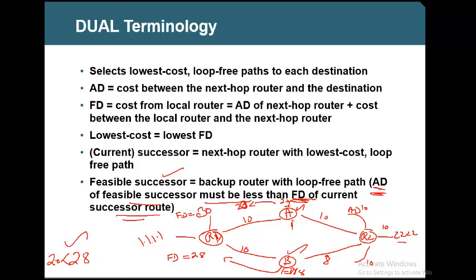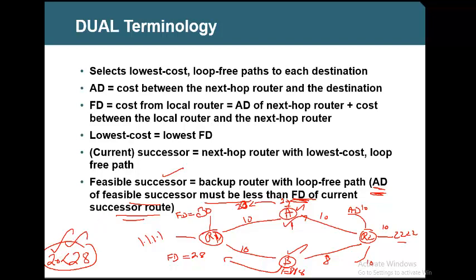Now, EIGRP will say you may use this as a backup path. If this condition is met, there will not be a loop. If a loop is there, definitely the value will keep on growing. It won't be 20, it will be 30, 38, 48. It will keep on growing because there's a loop.